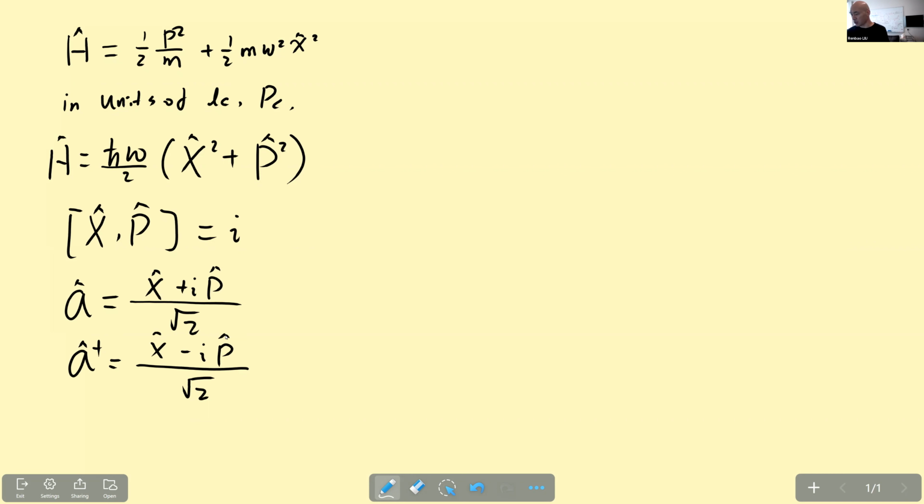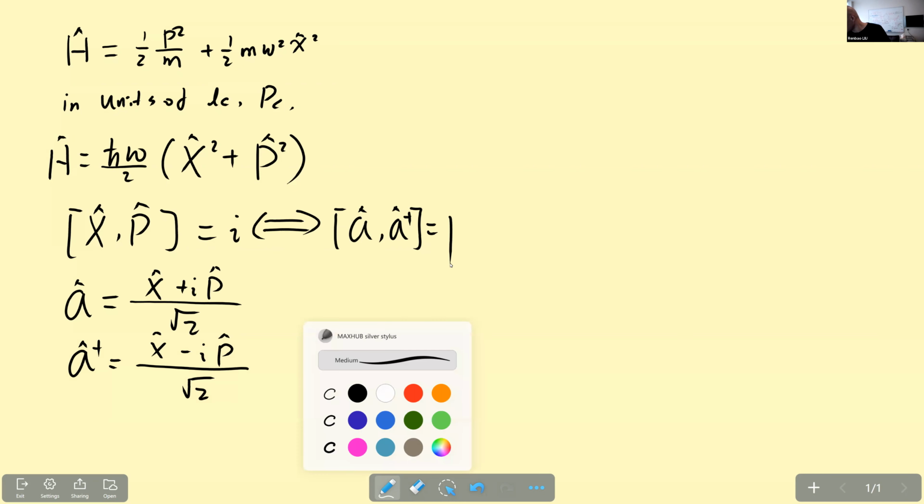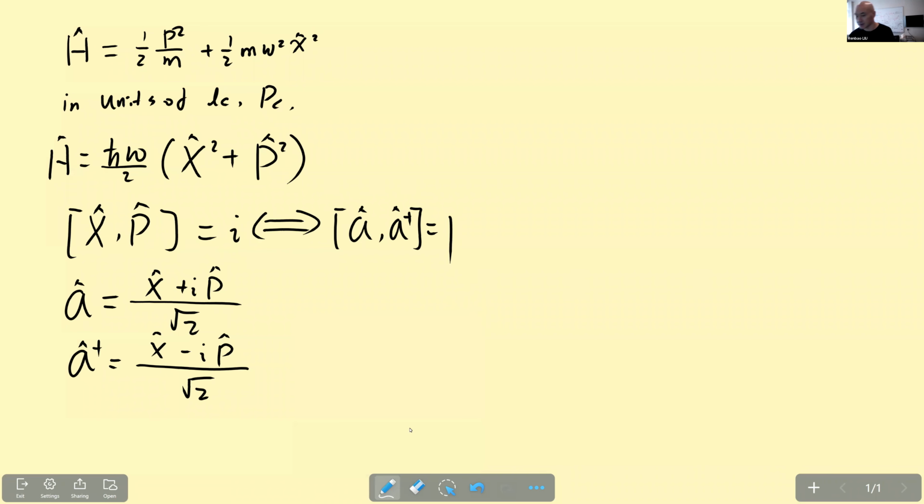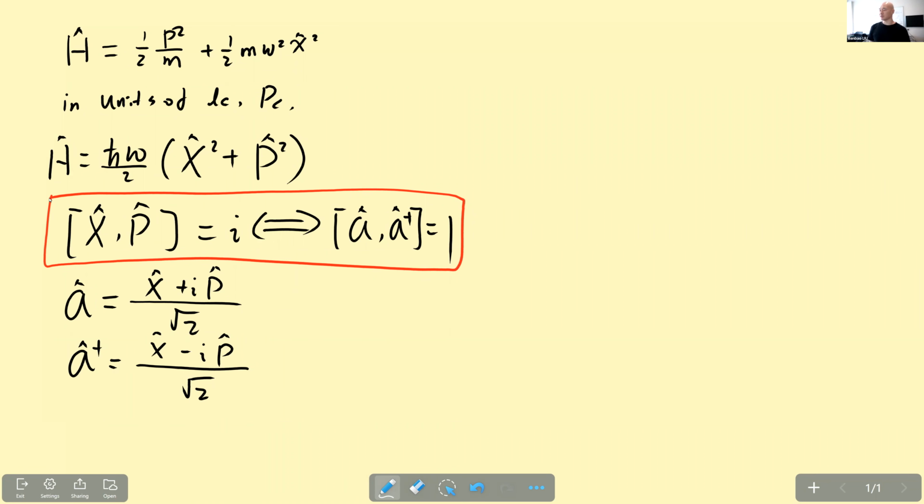And this one actually is equivalent to this commutator, right? So this is the most important thing about the commutators, the basis of all the other commutators. So in this way, the Hamiltonian can be written as h bar omega (a dagger a plus 1/2).